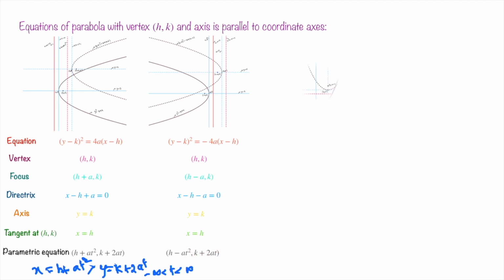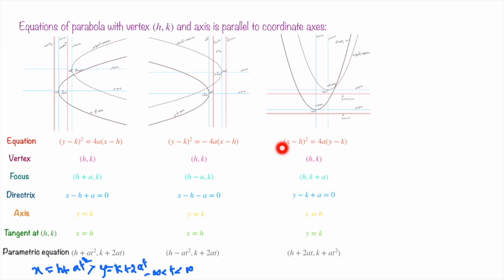Okay, next. This is the parabola whose equation is the transformed equation of x square equal to 4ay when the vertex (0, 0) is shifted to (h, k). Here the equation is (x minus h) whole square equal to 4a times (y minus k), and the vertex is (h, k) and the focus is (h, k plus a).